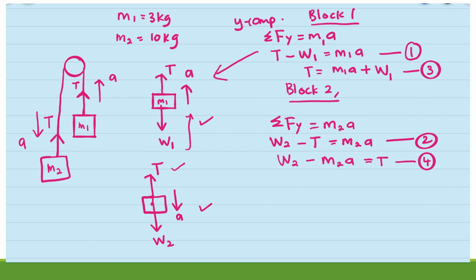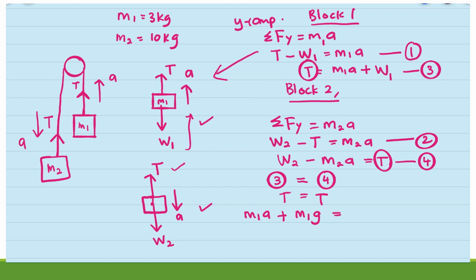Because it is the same string, T at the top and T at the bottom must have the same value. So I equate equation 3 to equation 4, the same T. From equation 3, M1A plus W1, where W1 is M1 times g.